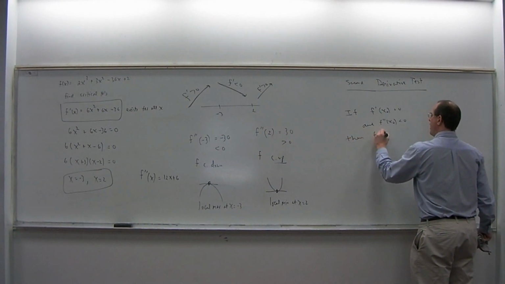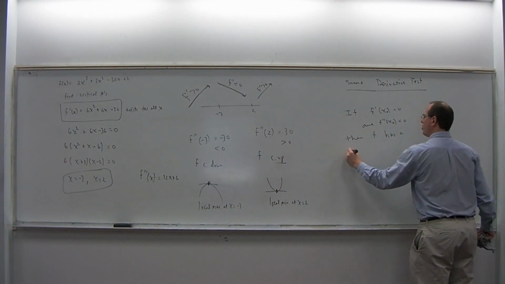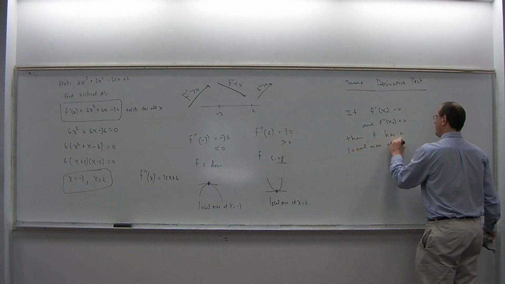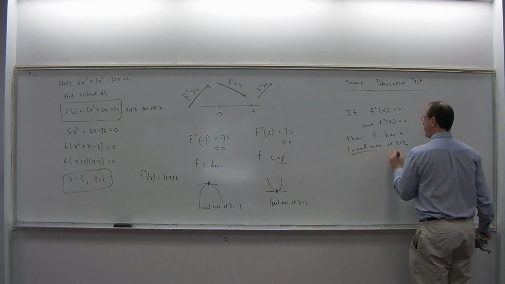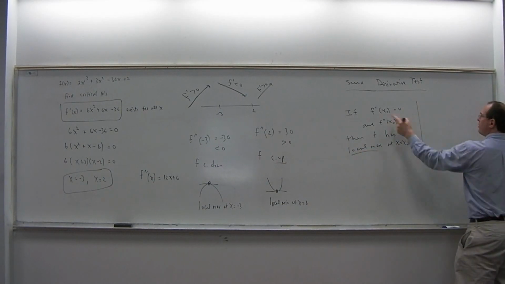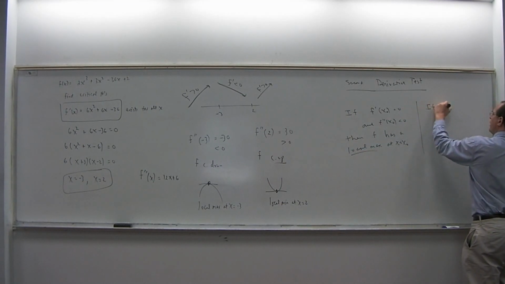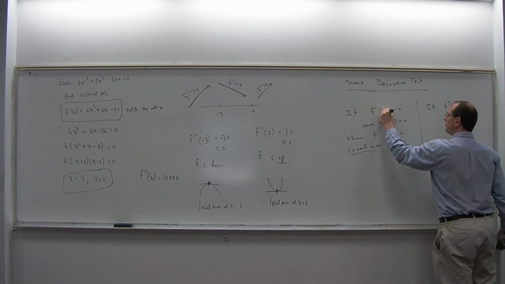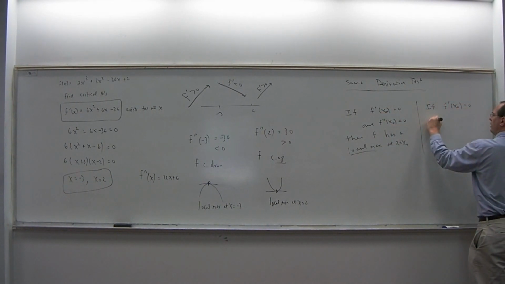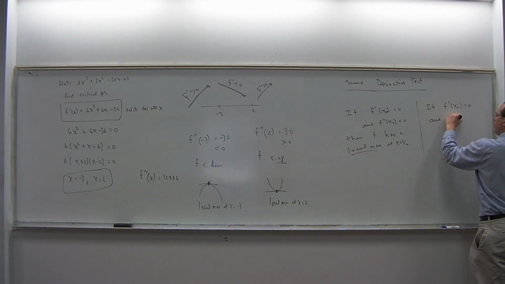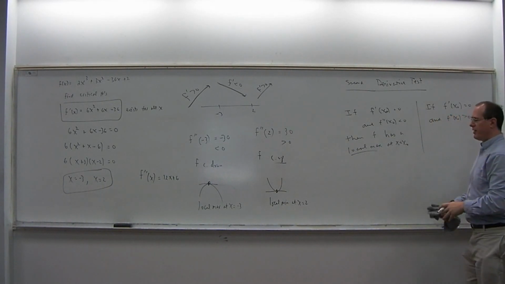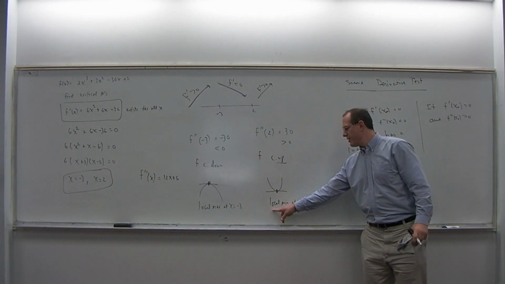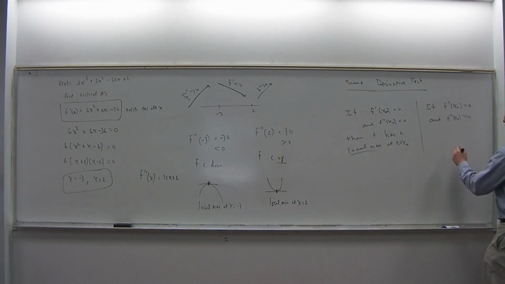So then f has a local max at x equals x0. And on the other side of the coin, if f prime of x0 is equal to 0, and the second derivative is positive, then we have a horizontal tangent line combined with concave up, and that gives us a local minimum at x0.